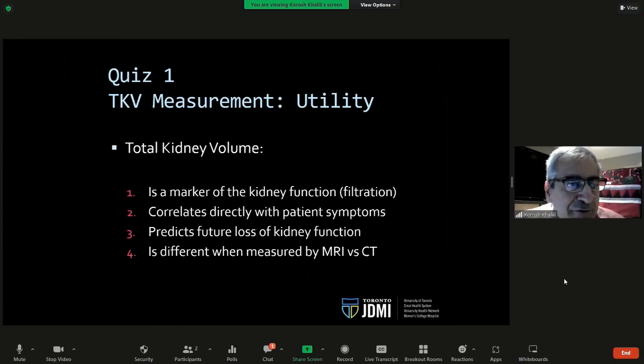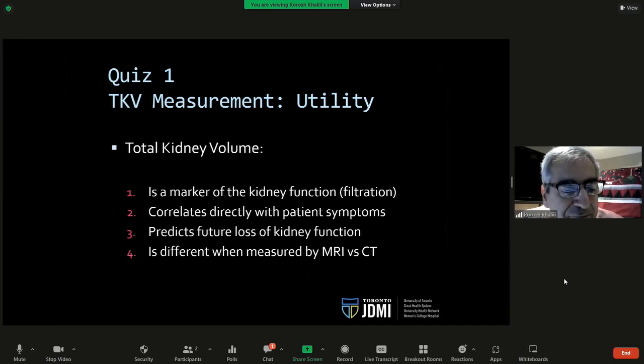So the first question is with regards to the utility of TKV, total kidney volume measurements. One, total kidney volume is a marker of the kidney function or filtration. Two, it correlates directly with patient symptoms.